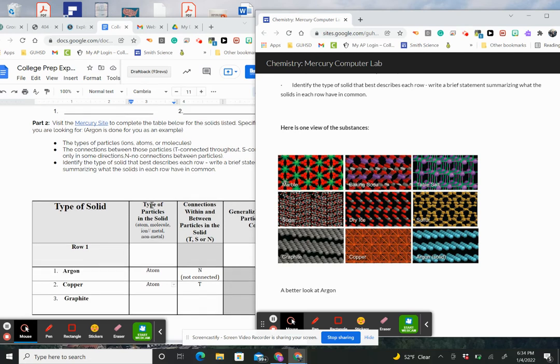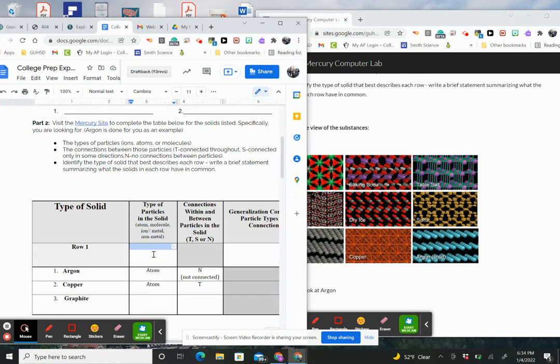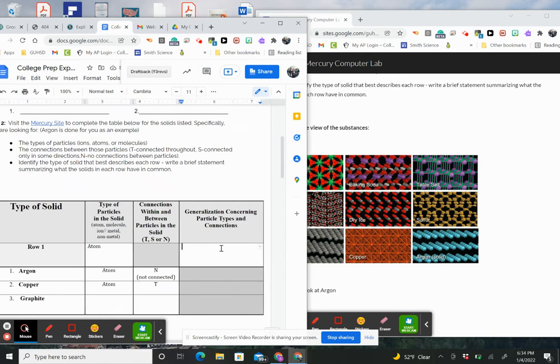Then you're going to type in the types of particles in the solid. For all of these, it's just a single atom, one single element that's present. Then you're going to write a generalization concerning the particle types. You're going to look at the data that you collected here and come up with some kind of conclusion.